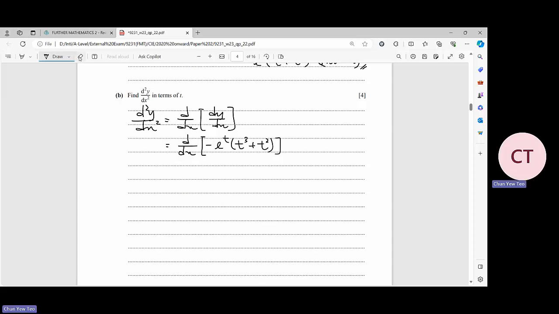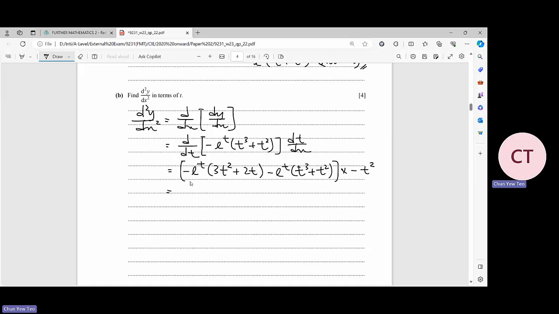Over here, we will use the chain rule to split it to become d/dt here, and this one is dt/dx. So this one is keep the left, differentiate the right, plus keep the right, differentiate the left. Multiply by dt/dx, and dt/dx is −t².